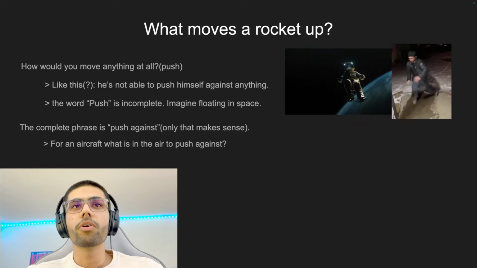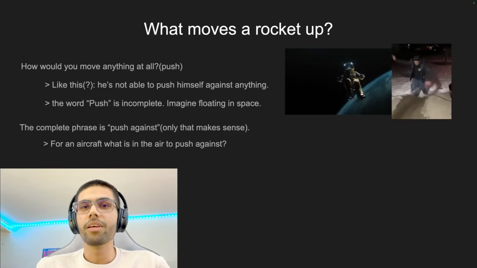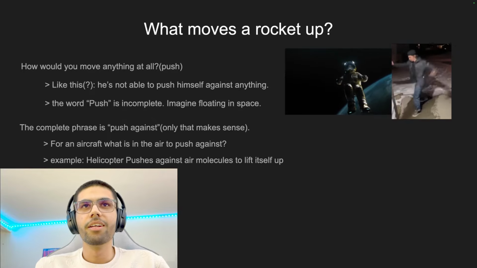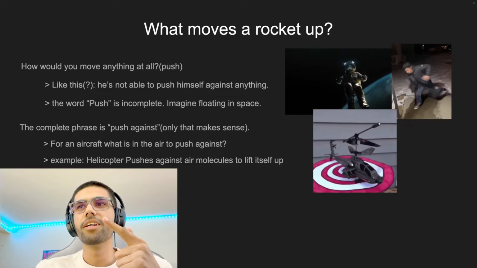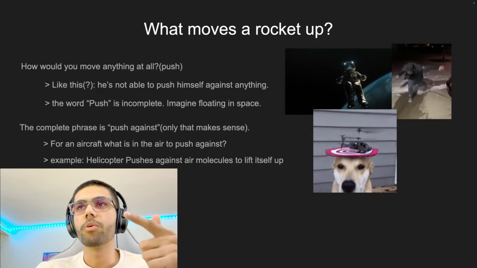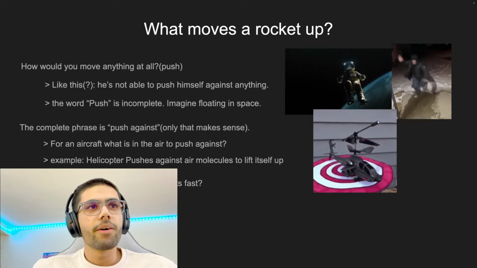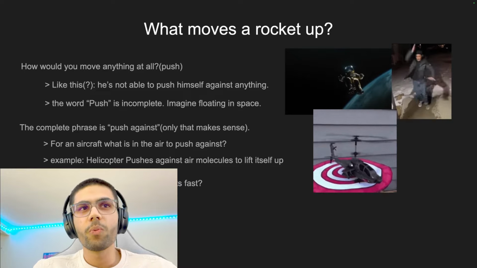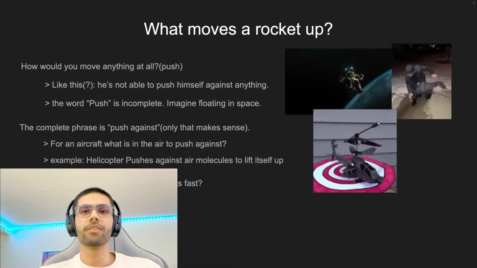Now for an aircraft, what can an aircraft push against? What's up in the air? It's just the air. So for example, this helicopter is pushing the air with its propellers, and that's why it's going up. Now, how do we push in a way to move huge objects pretty fast?